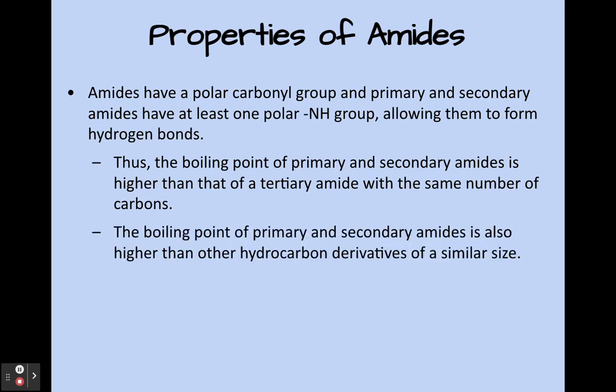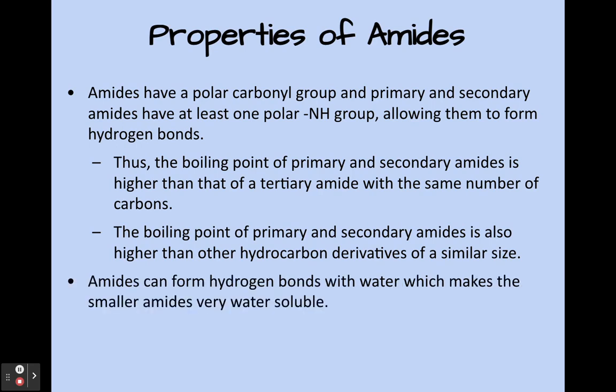And the boiling point of primary and secondary amides will be higher than all the other hydrocarbon derivatives of a similar size. In particular, those primary amides, which have 2 NH bonds, and the polar carbonyl group can form a lot of intermolecular interactions and are going to have a fairly high boiling point. They can also form hydrogen bonds with water, and so the smaller amides are very water soluble.